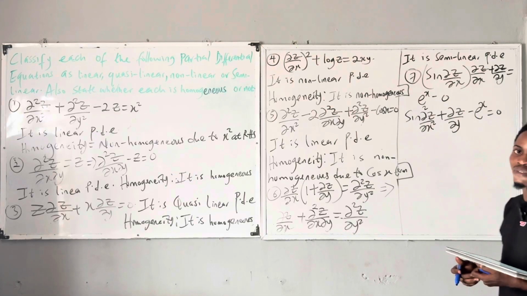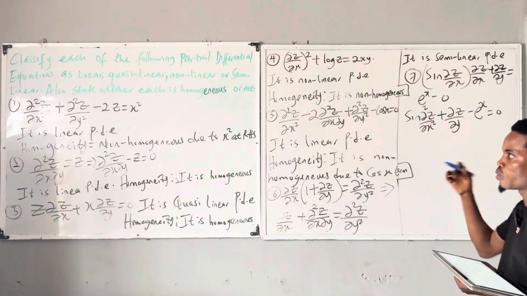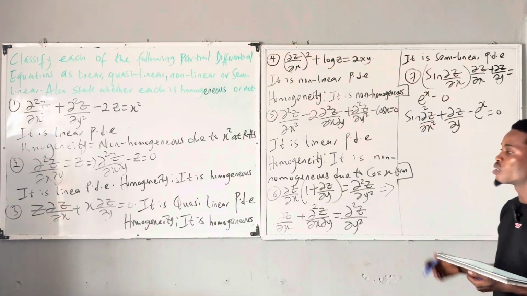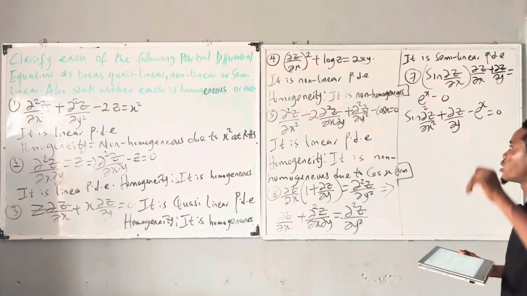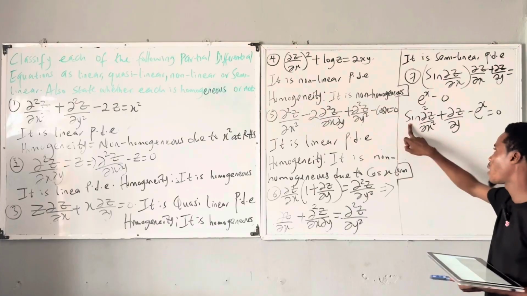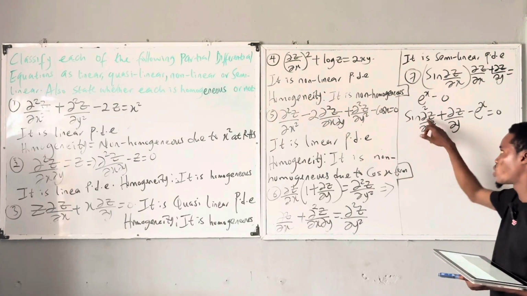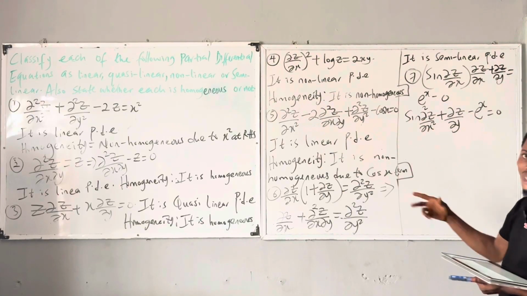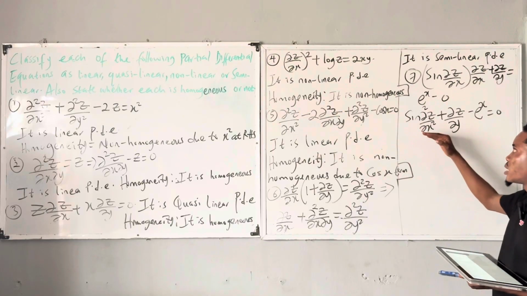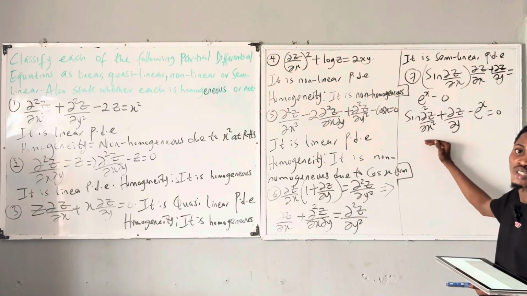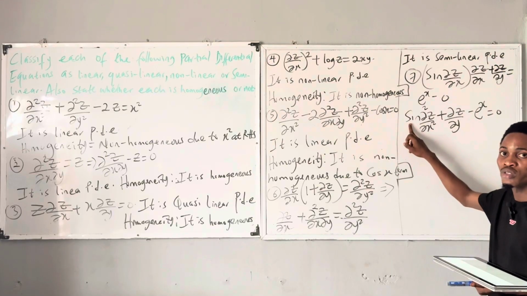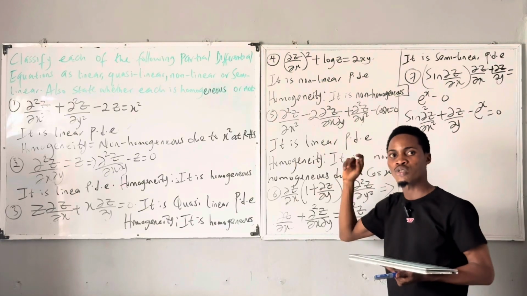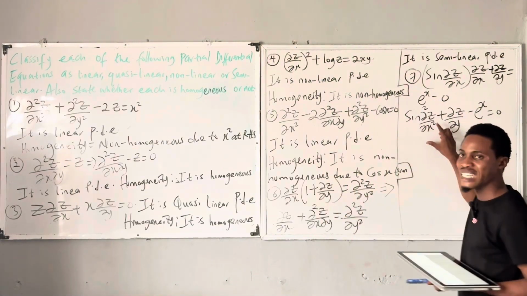What type of classification of PDE is this? It is a non-linear PDE. Why? Because we have something outside multiplying that derivative, which is sine. If I want to classify this by degree, what is the degree of this equation? It is undefined, because the trigonometric function is multiplying the derivative.